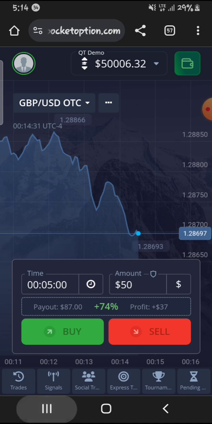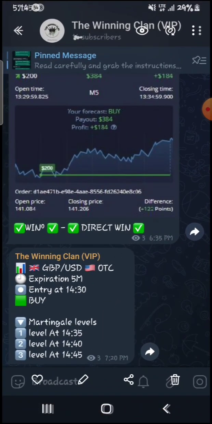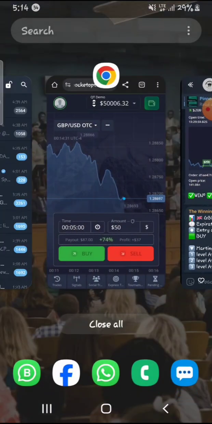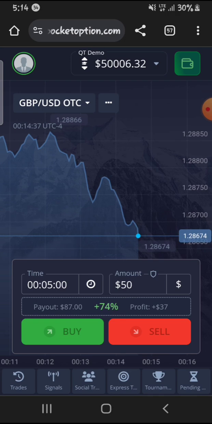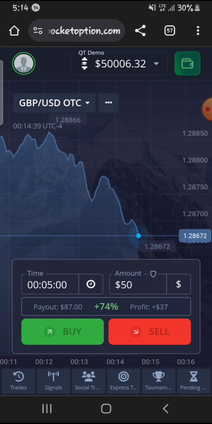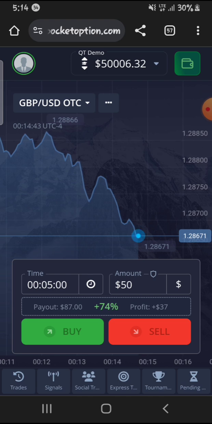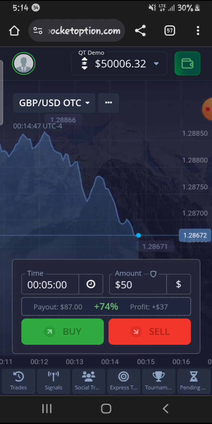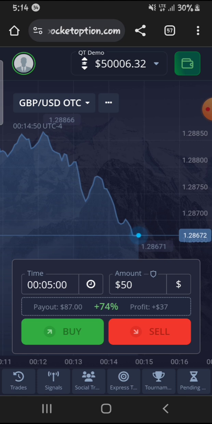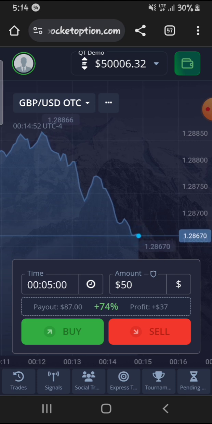Yes, so let's assume they said entry is at 14:30. Obviously, this is 14:37 already, so we've passed that. Now listen, because the binary market is time based, there's always a time for every signal I give.